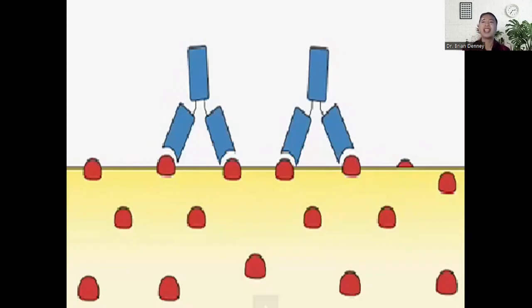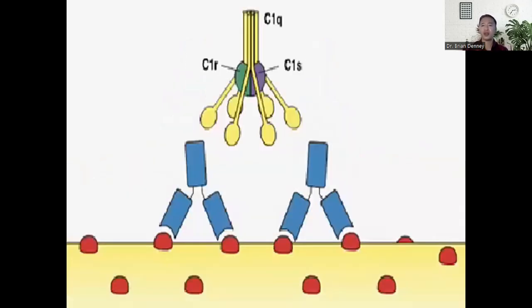Correct. C1 complex. There must be the word complex, otherwise I'll mark it wrong. C1 complex. Can you call C1 complex for me? Say C1 complex. There you go. C1 complex now is ready and primed to participate in the classical pathway of your complement system.